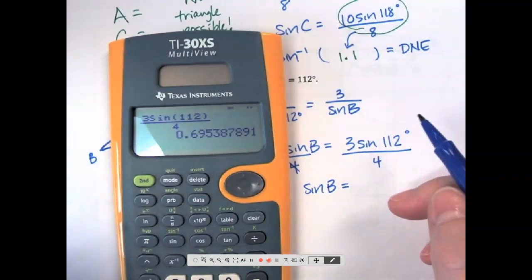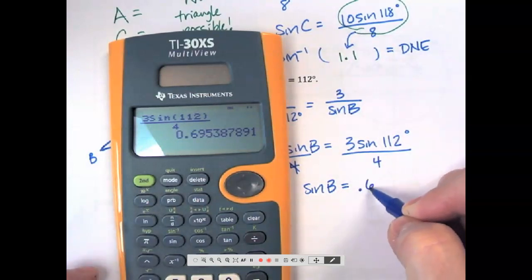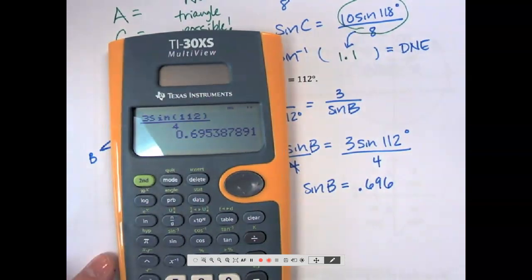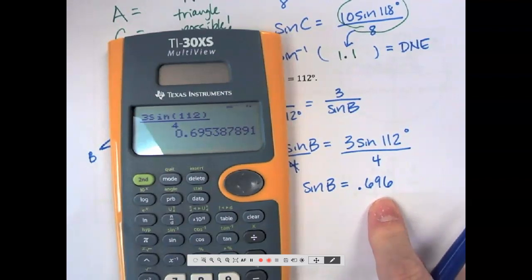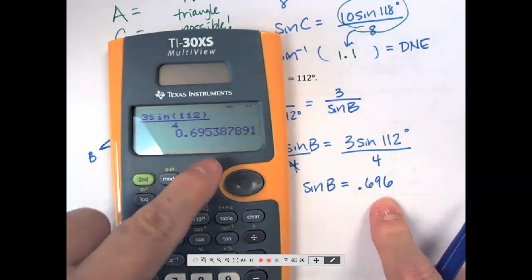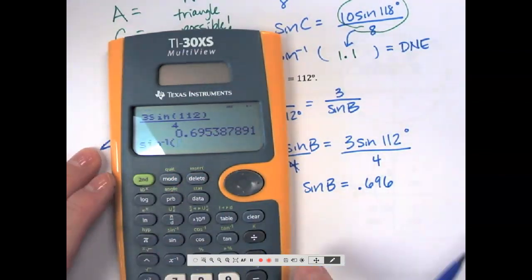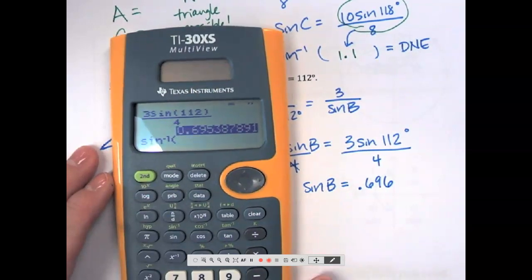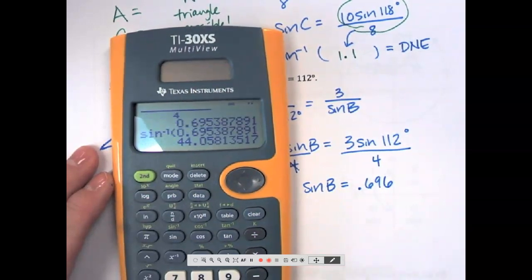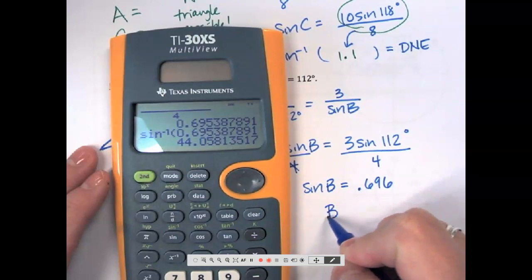So I get 0.696. Now, when I do sine inverse, don't use the abbreviated approximated decimal. Go back up and grab the full decimal on your calculator. So sine inverse of that whole decimal gives me about 44 degrees.